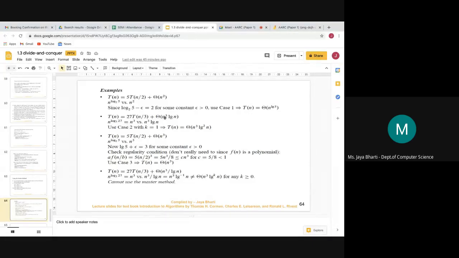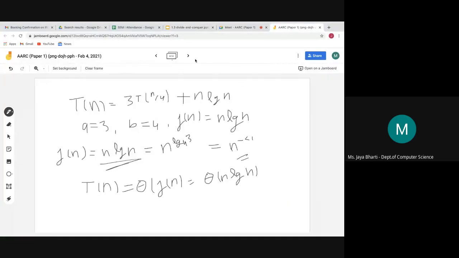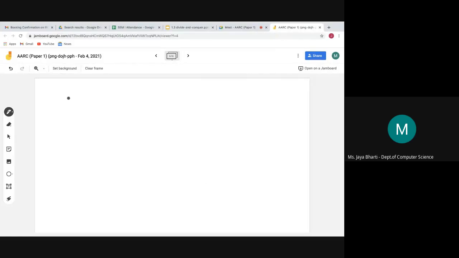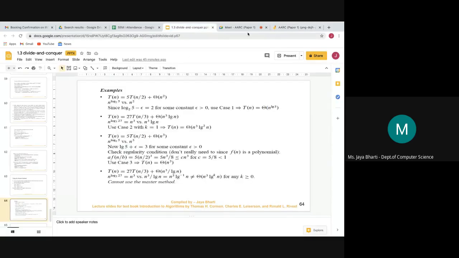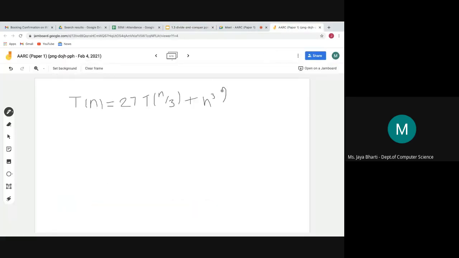Okay, so when you will compare these two, it is 27 T of n by 3 plus n cube log n.